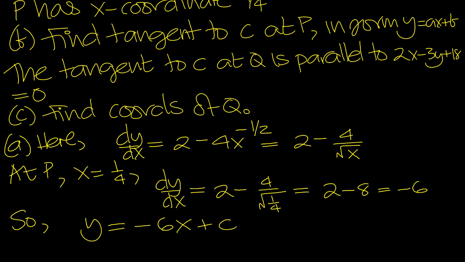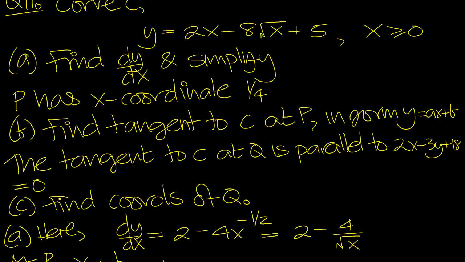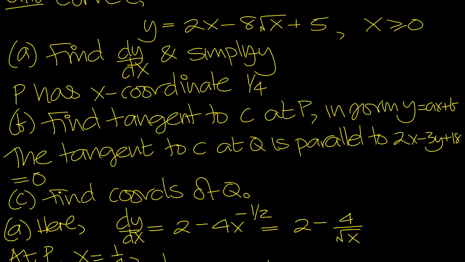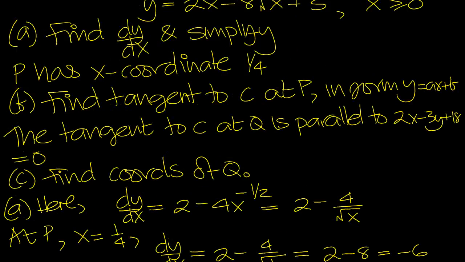Okay, it's on the curve at P, so at x equals a quarter, y is equal to, let's have a look. So at x equal to a quarter then, put a quarter in, 2 times a quarter, minus 8 square root of a quarter, was it plus 5? Let's just double check that.